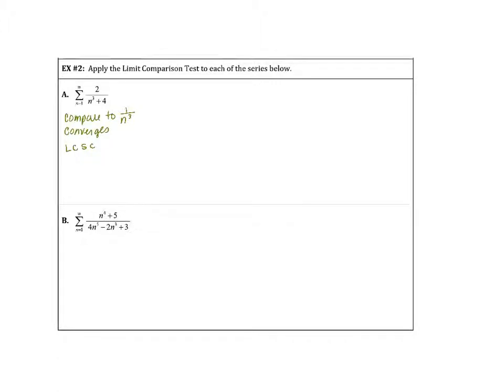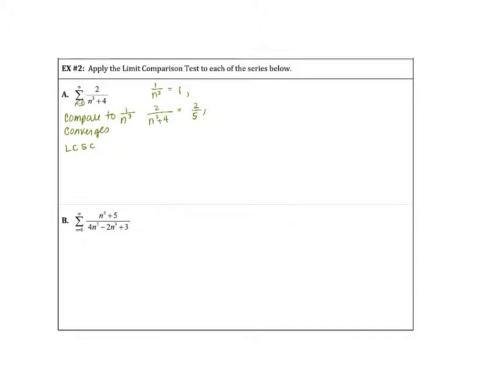So let's go ahead and compare these terms, 1 over n cubed and then 2 over (n cubed plus 4). Even though we're starting at 1, if we plug in 1, we have 1 here. And if we plug in 1 down here, we're going to have 2 over 5. Well, yeah, 1 over n cubed is larger, definitely.